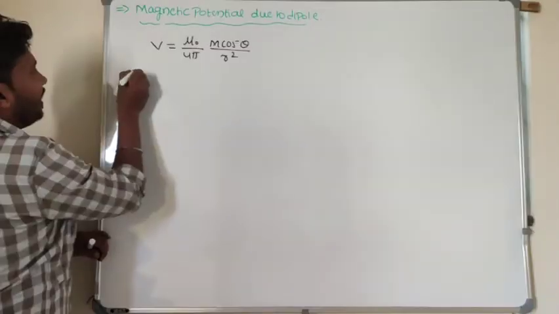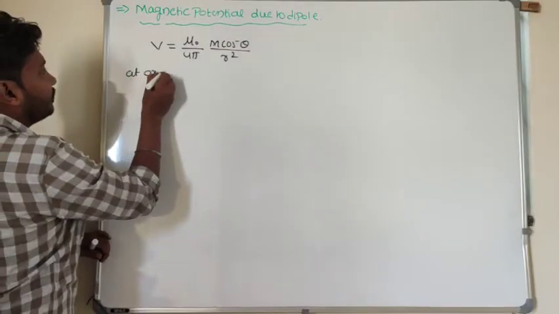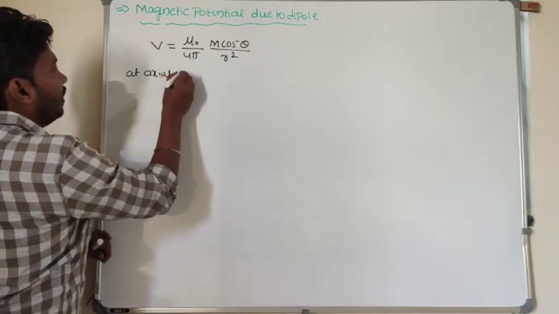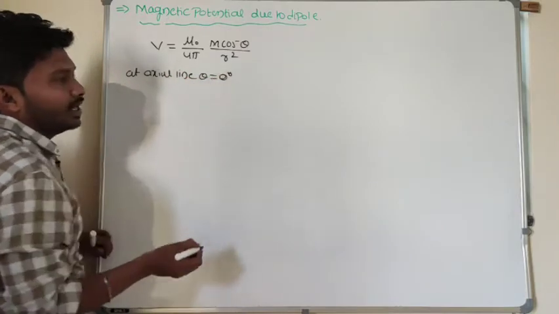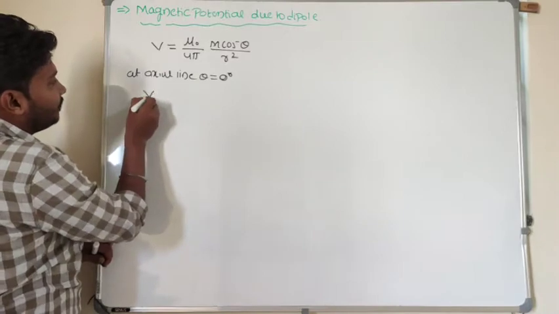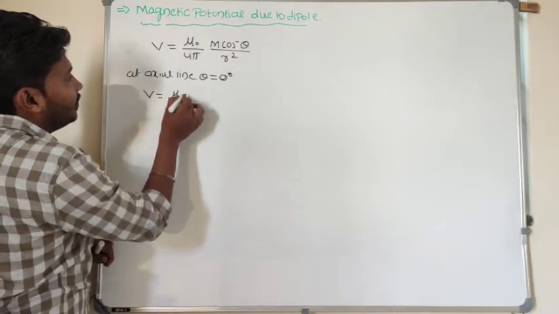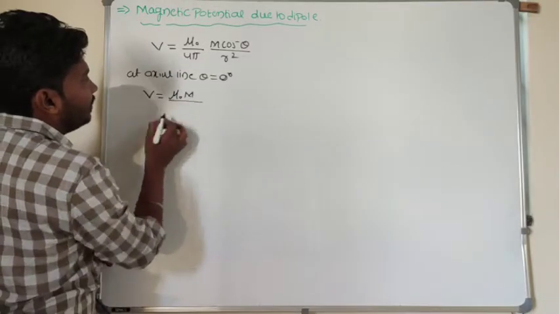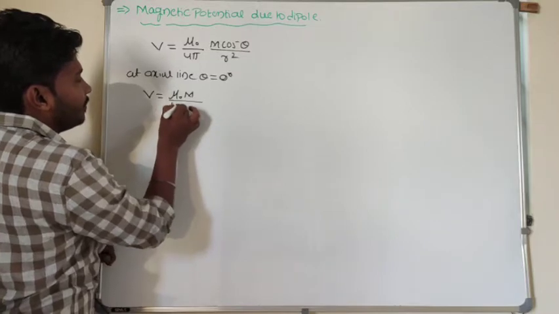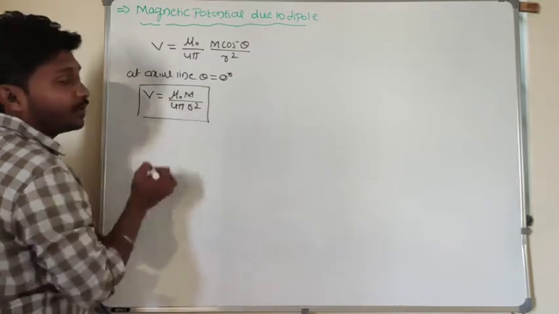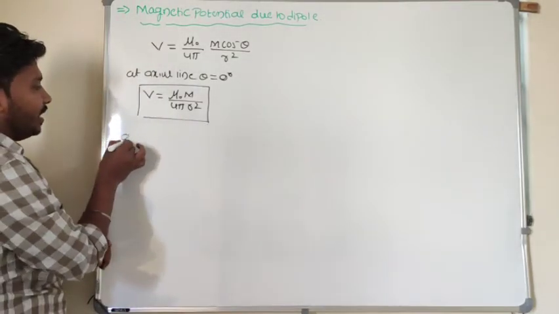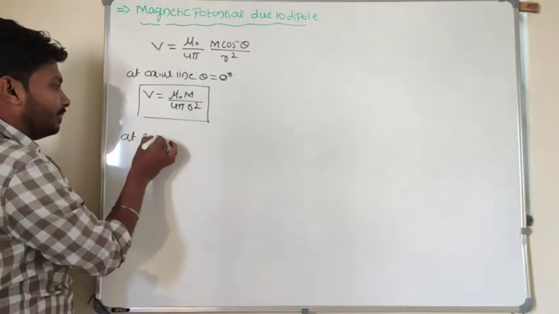For example, at axial line, theta value is equal to 0 degree, cos 0 means 1. So the answer is mu naught into m divided by 4 pi into R square. This is the value of magnetic potential at axial line.